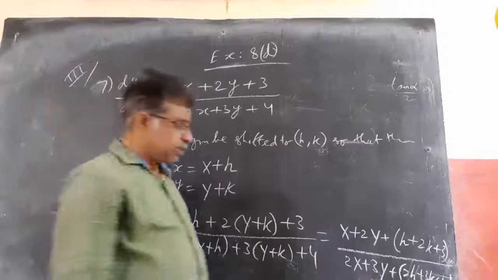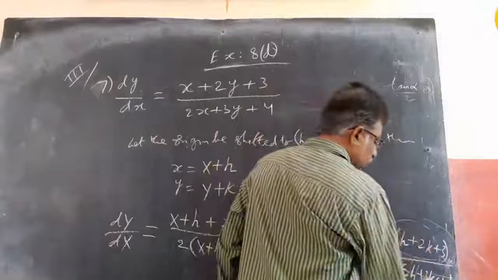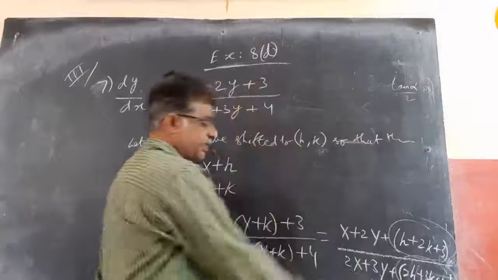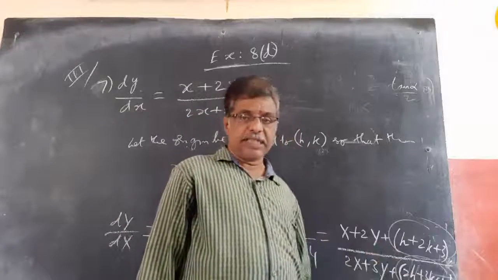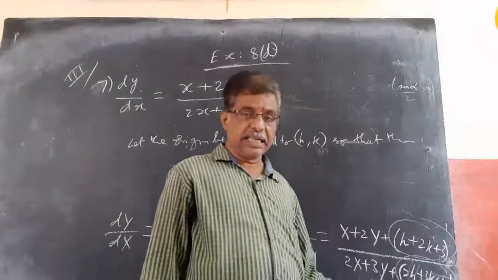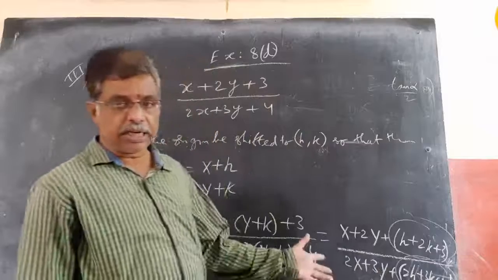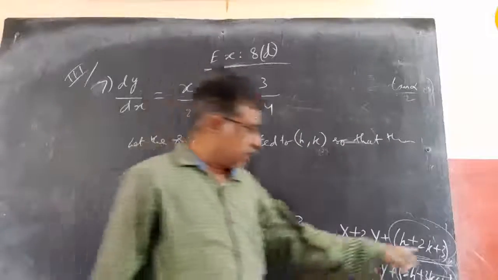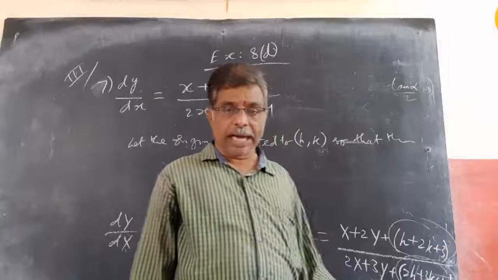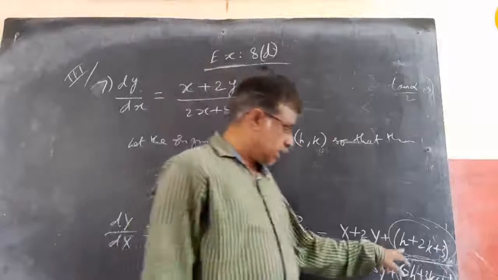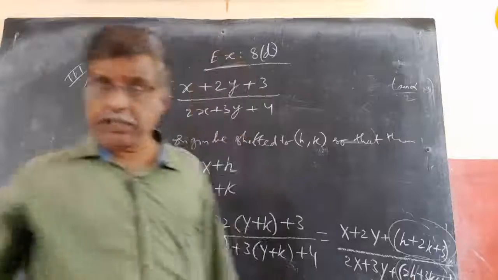We said homogeneous means this part should be 0 and this part should be 0, then only it will be converted to homogeneous. Constant terms won't be there, they should be of the same degree, first degree. f(kx, ky) gives you k power n into f(x, y). So these constants should not be there, means this must be equal to 0. So according to our assumption, this part must be 0, this part must be 0.